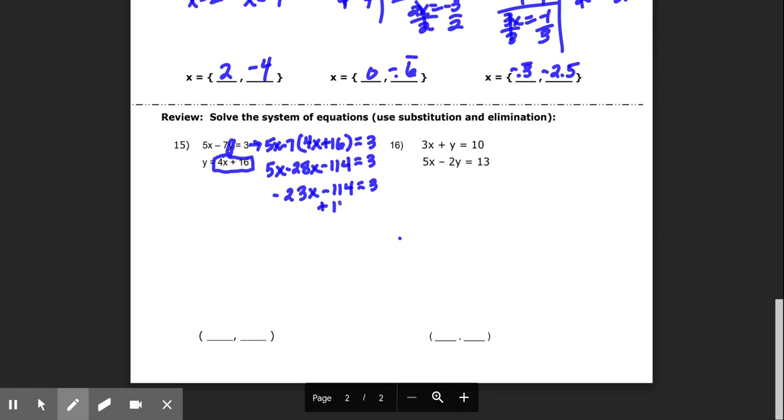Then we're going to add 114 to both sides. So this will be a negative 23x equals 117. And then we divide both sides by negative 23. And let's see, so x will be equal to... Let's see.